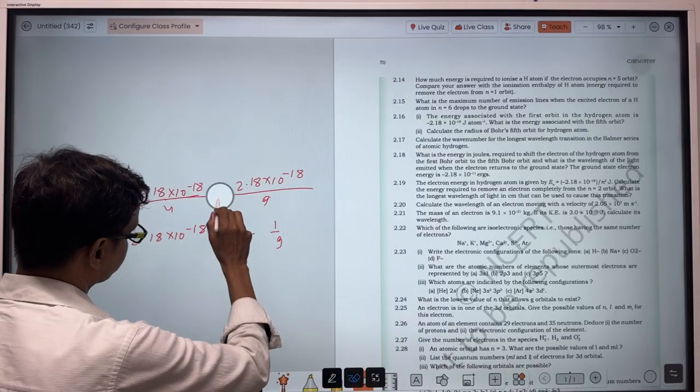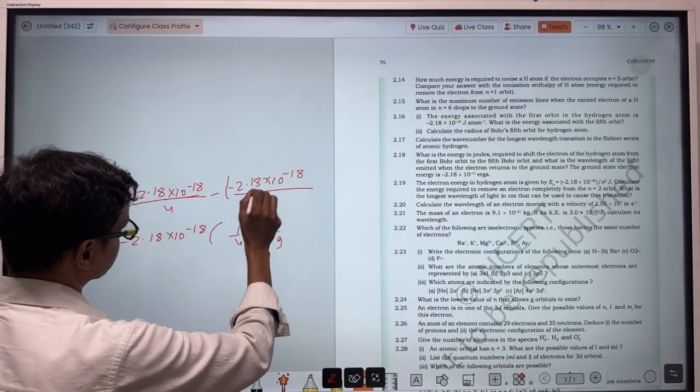Because that will be minus and this one is minus. That's why plus.